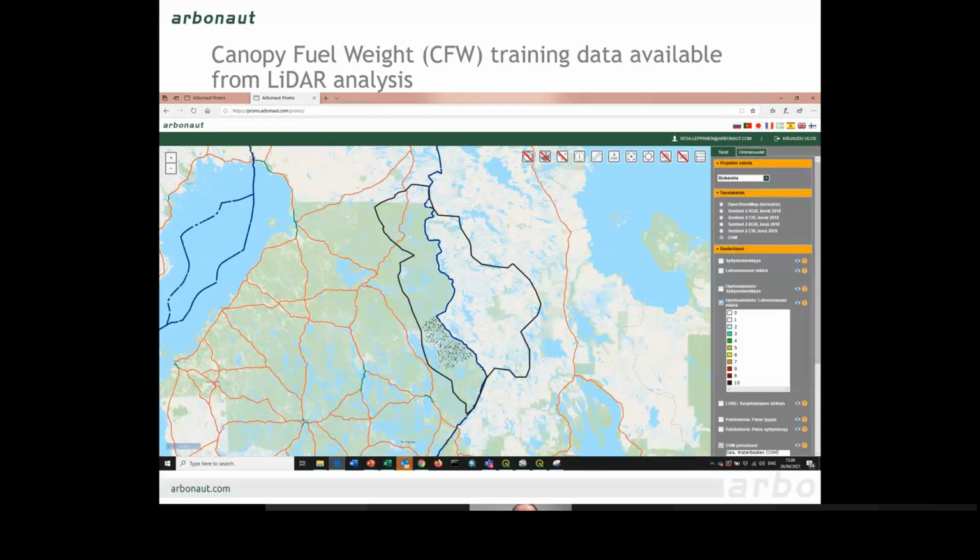And then the canopy fuel density considers the airspace inside the canopy and sees how many kilograms per cubic meter of airspace is fuel. We decided in this project to work on the canopy fuel weight because it's easier to analyze from satellite imagery, and it also gives a good idea of the fuel connectivity on the border area.